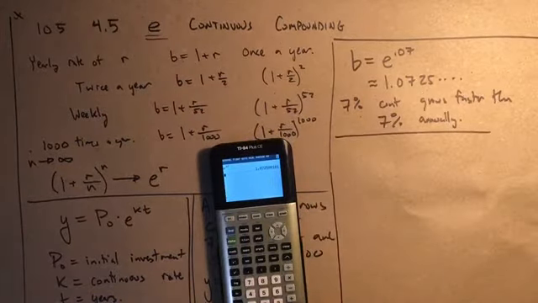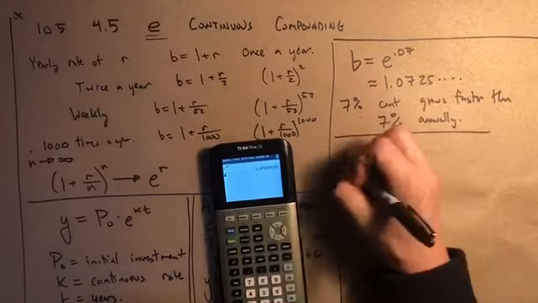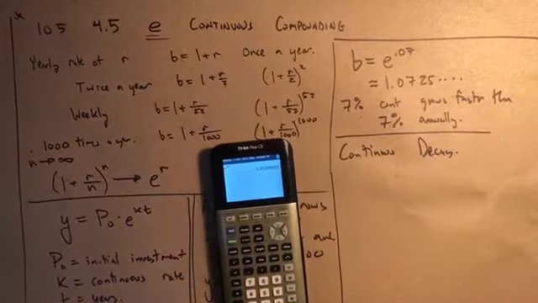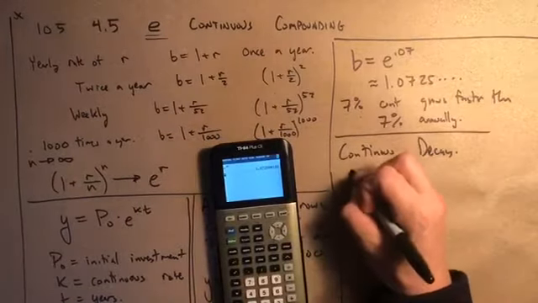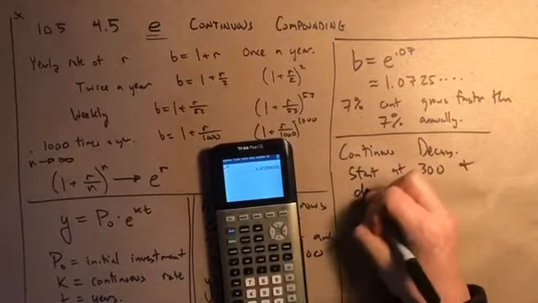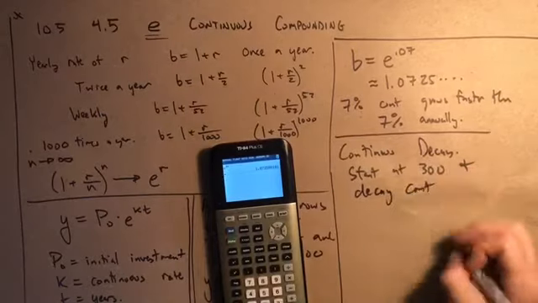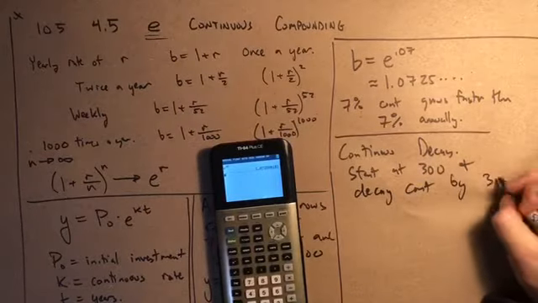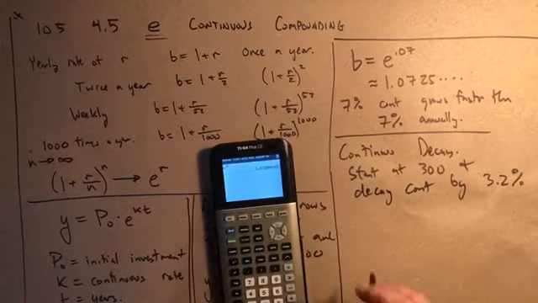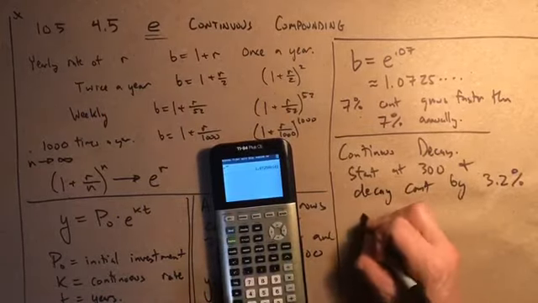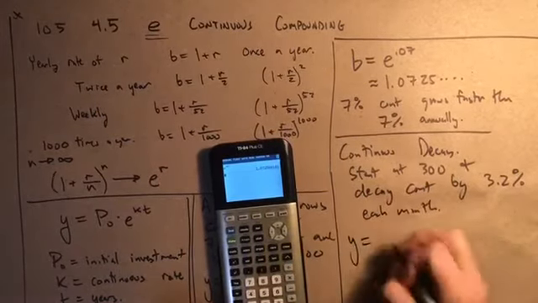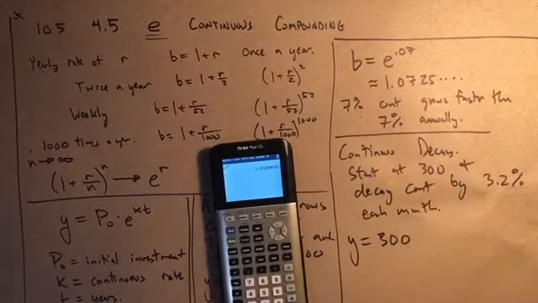The one thing I can say here is that if something is decaying continuously, say we have a population that starts at 300 and decays continuously by 3.2% each month, y will be equal to 300, no great stretch of the imagination there.